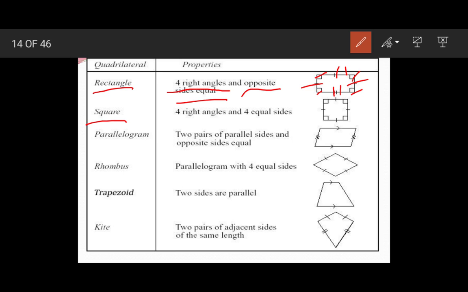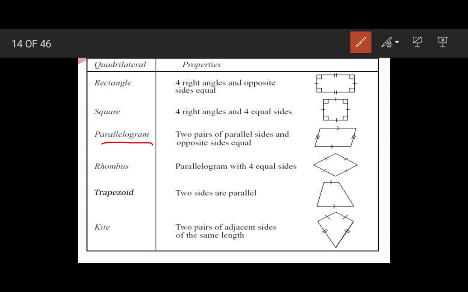Then square. For square again we are having four right angles, right? All the angles are right angles and all sides are equal. If all sides are equal and all angles are right angles, then it is known as a square.